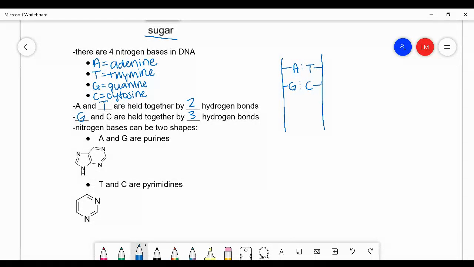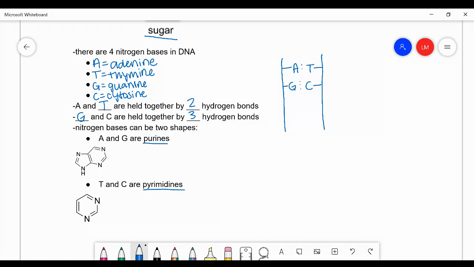Nitrogen bases can be two different shapes. A and G are called purines. T and C are pyrimidines. And so what you'll notice by how the bases match up is that a purine is bonded to a pyrimidine every time. A purine is a 6-sided thing that's attached to a 5-sided thing. So it's two things.